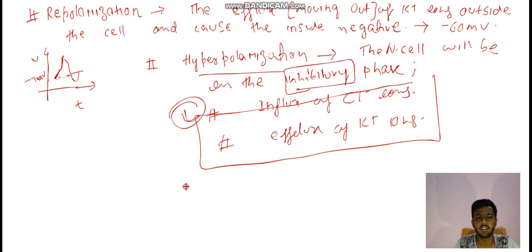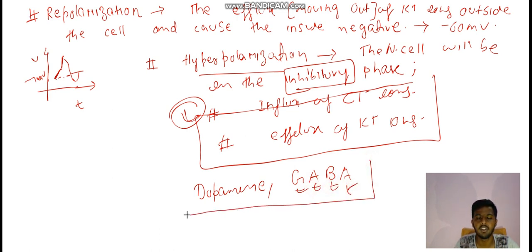Some of the neuroinhibitors are dopamine and GABA, gamma amino butyric acid. This too is a neuroinhibitor. Okay, so this was all the phases of repolarization.